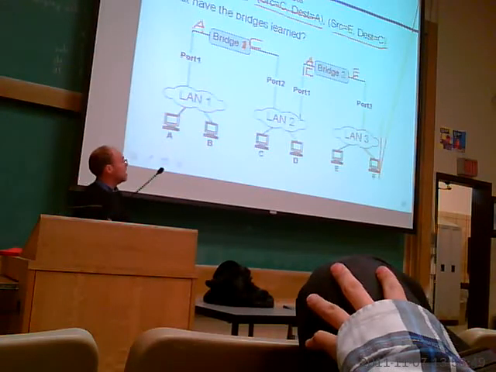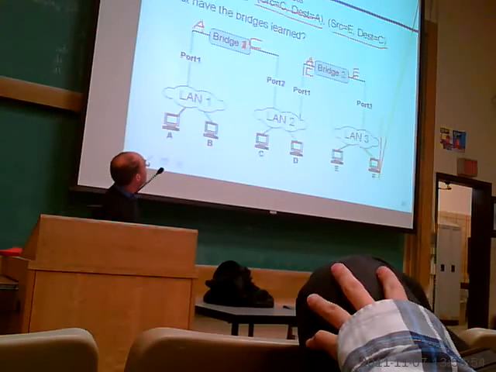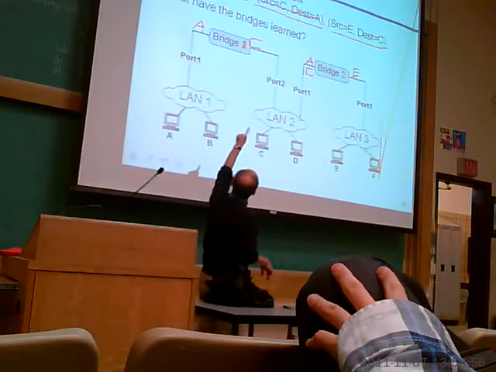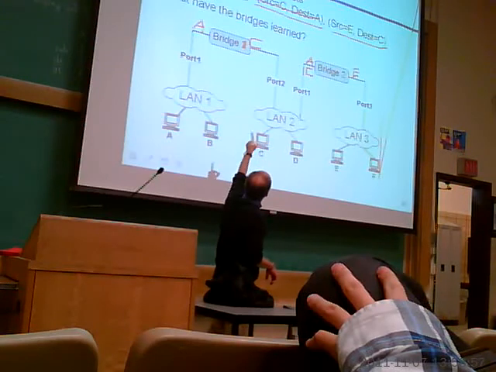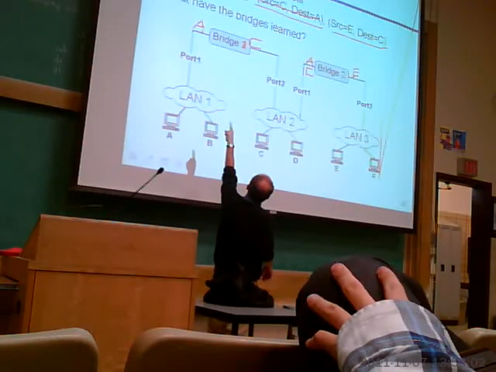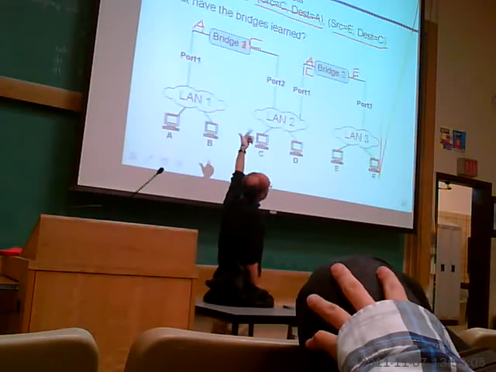So that's essentially how the learning algorithm works. And it does not forward the packet onto this port because it already has a routing table entry.